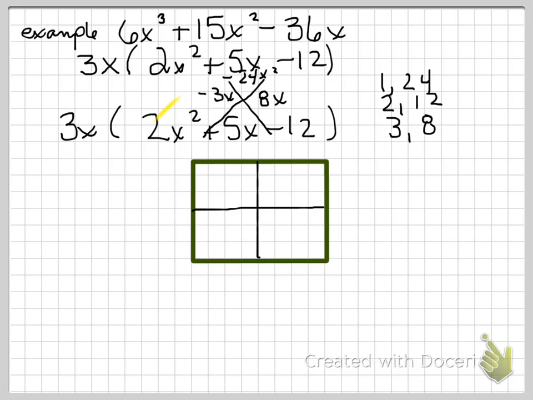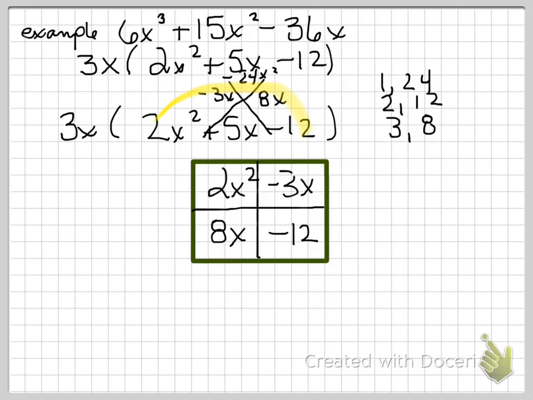So the 2x squared, the negative 3x, the 8x, and the negative 12. Those are the 4 items that are going to go into your box. So 2x squared goes in the first box, negative 3x, 8x, and negative 12.